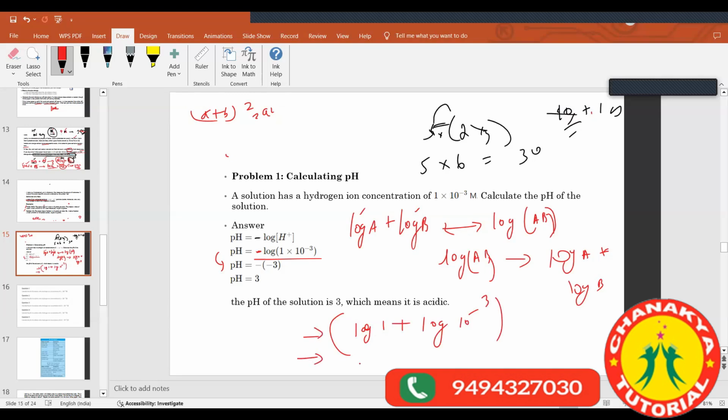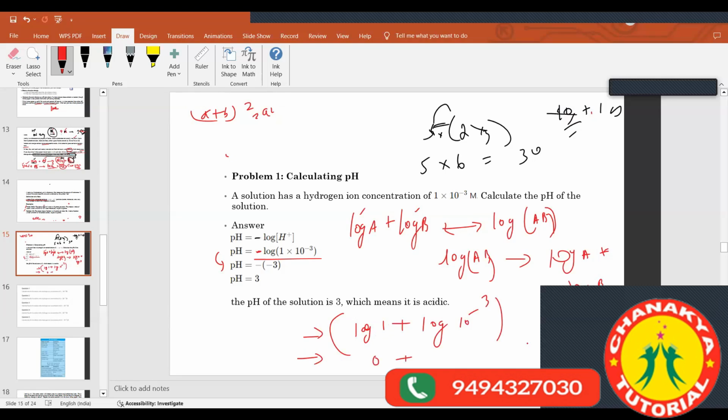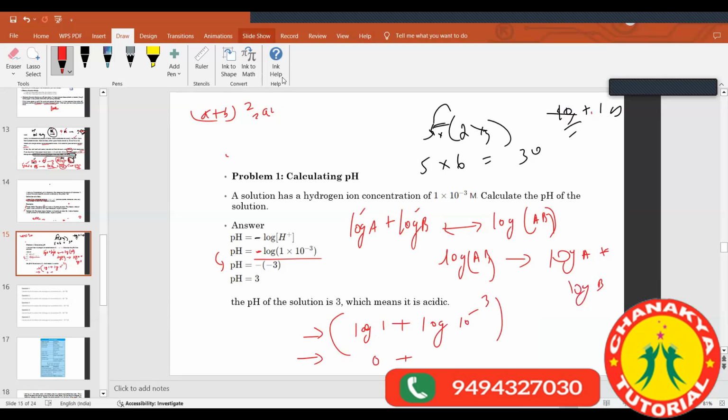Log 1 is 0. The value of log 1 is 0. You have to remember that. Now, one more important point, please listen carefully. Whenever there is a log of something, and there is a power to that something, I can take this power number as a coefficient of log.